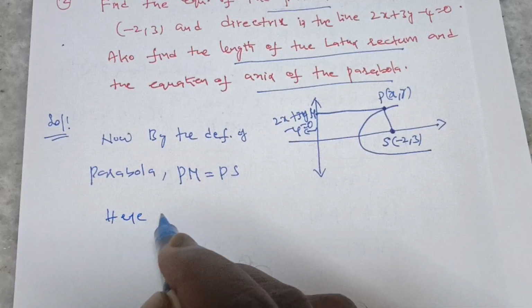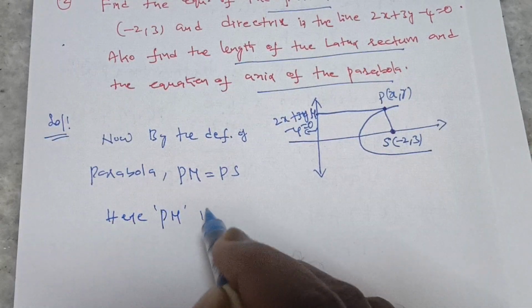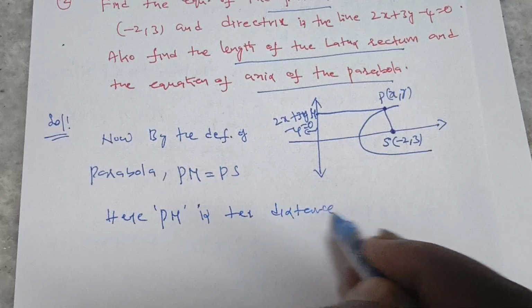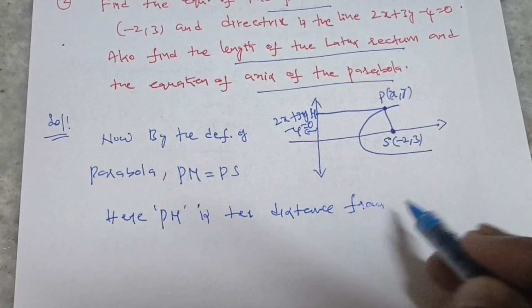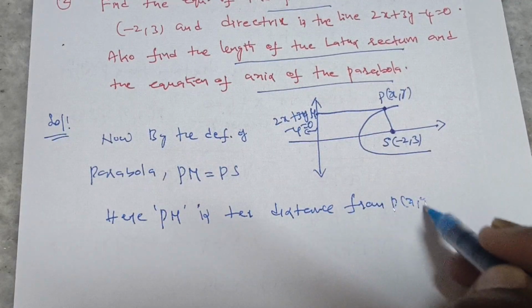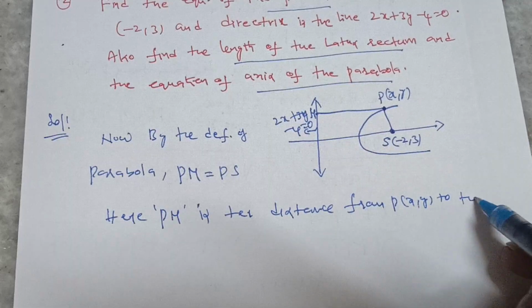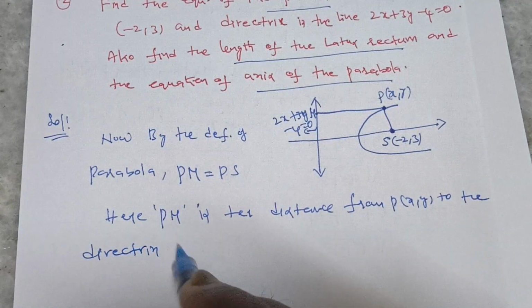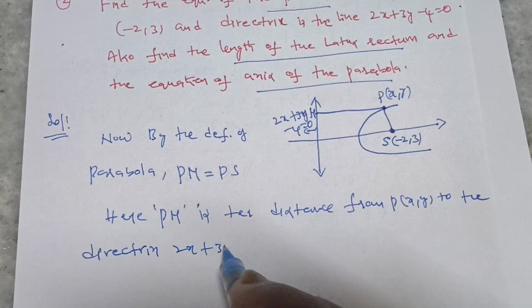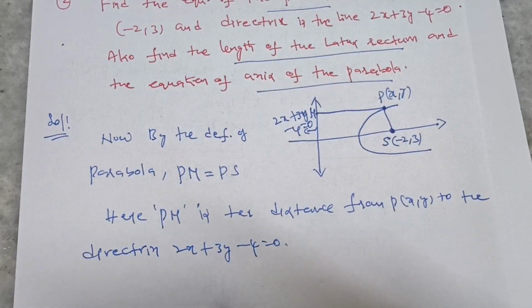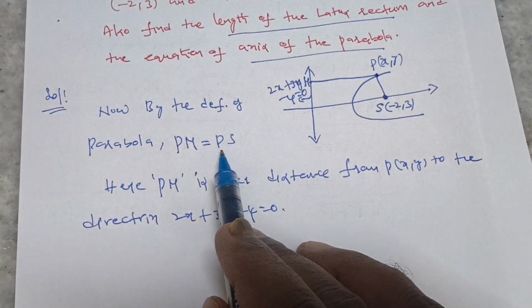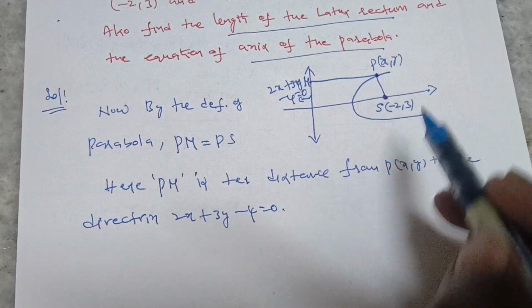Here PM is the perpendicular distance from P(x, y) to the directrix 2x + 3y - 4 = 0. And PS is the distance between these 2 points.